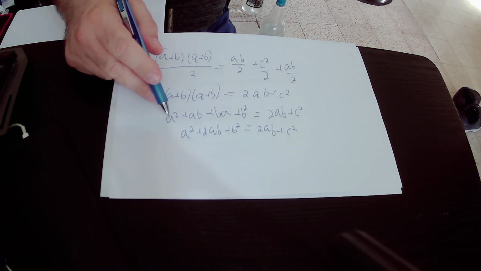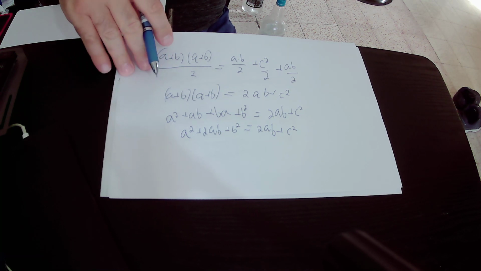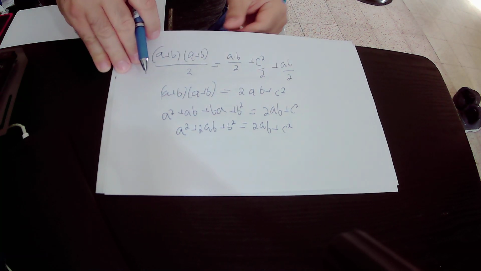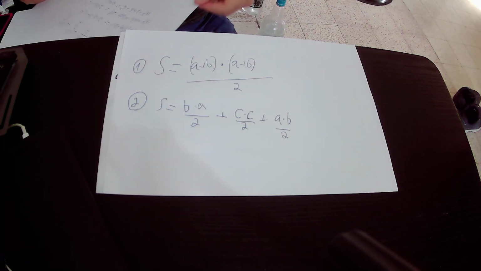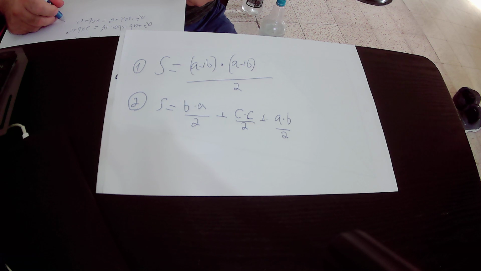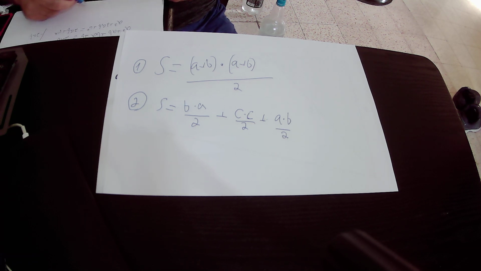Here we can deduct from both sides of the equation the expression 2AB. So we will be left with A squared plus B squared equals C squared.